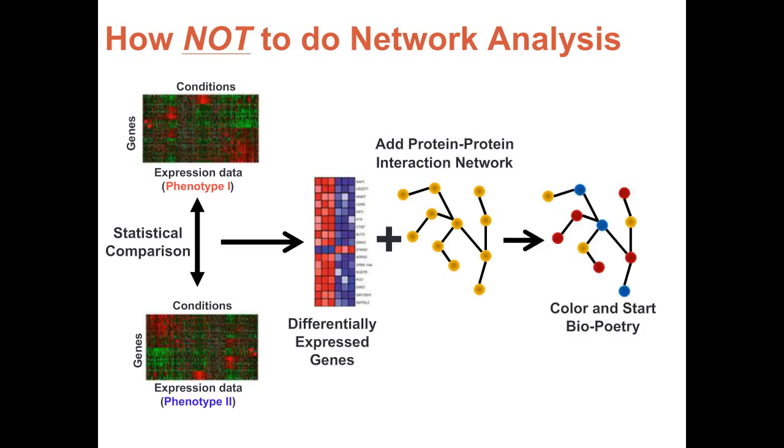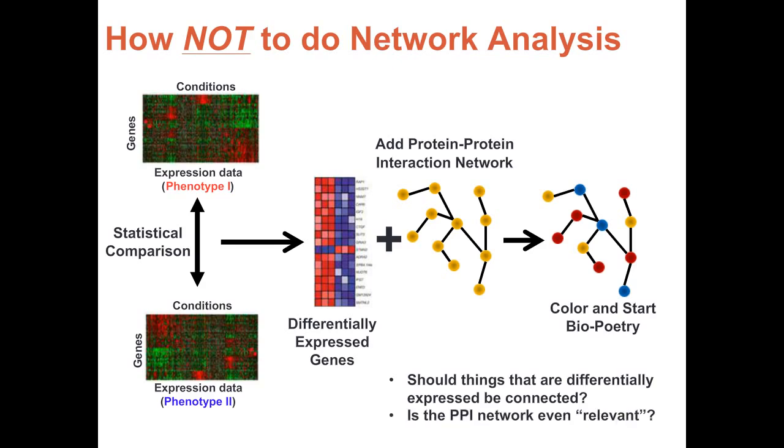They take a protein-protein interaction network and start coloring the nodes of that protein-protein interaction network, and they generate what we refer to as biopoetry. So one question is, should things that are differentially expressed be connected? Why is that necessary? And is the PPI network even relevant?